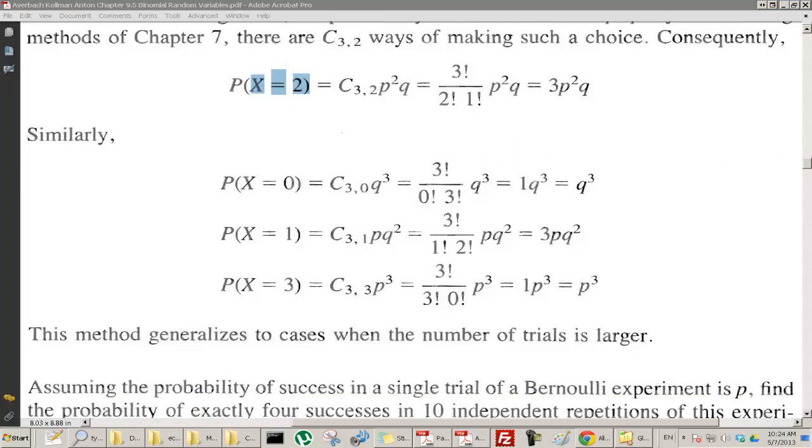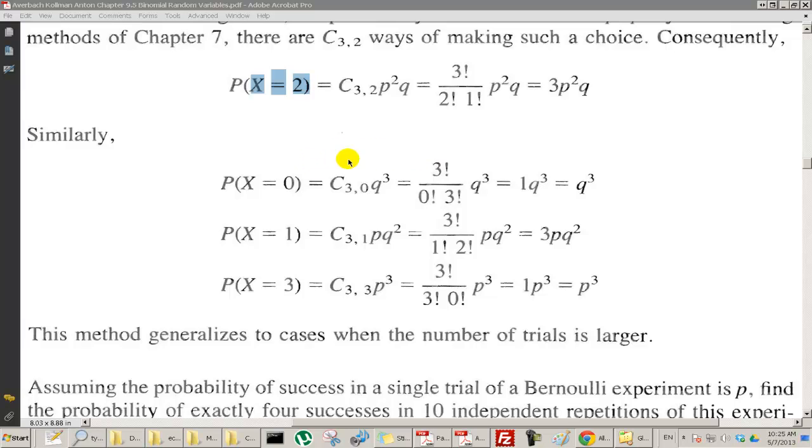Here, the probability of getting exactly 0 successes could be written like this. Now, we already did it. We already knew that the answer was q cubed, but it could be written like this. How many ways can we choose from the 3 slots? We have one place, another place, and another place. We could have SSS or SFS or whatever.